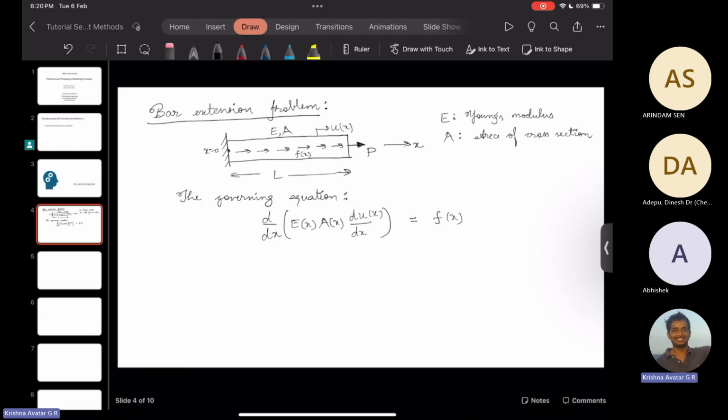Let's talk about it term by term. This term is the internal force, and this is the external distributed force.